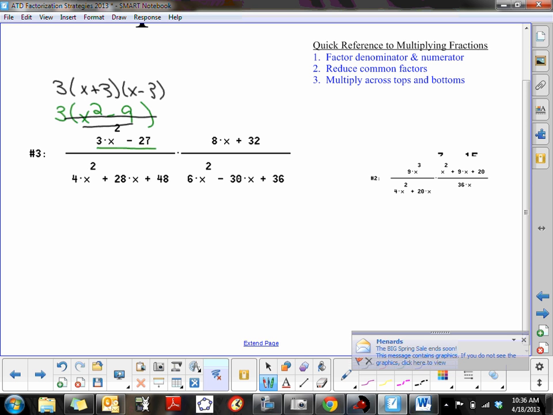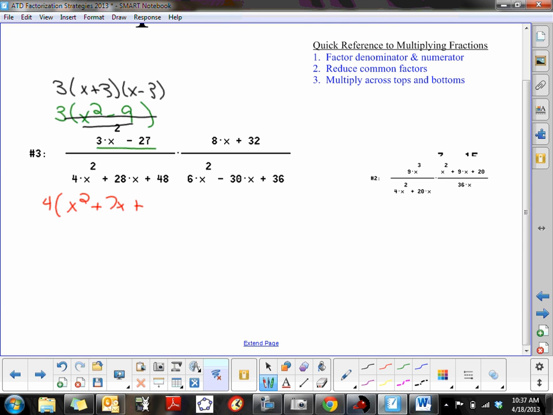Okay, so now we have that one done. Go to the bottom. 4x squared plus 28x plus 48. Is there a monomial, a number that goes into all of them that we can factor out? 4. So we're going to pull out that 4. 4 parentheses, x squared plus 7x plus 12. When you factor it out, you're dividing by 4.